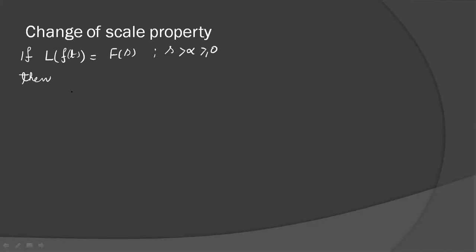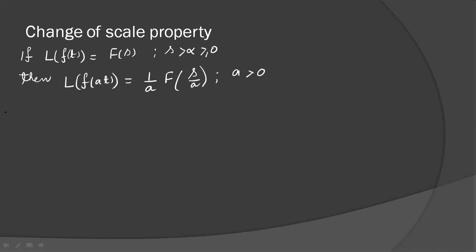Then Laplace of f(at), if we multiply the variable t with some constant, will be 1 over a times F of s over a, where a is greater than 0.